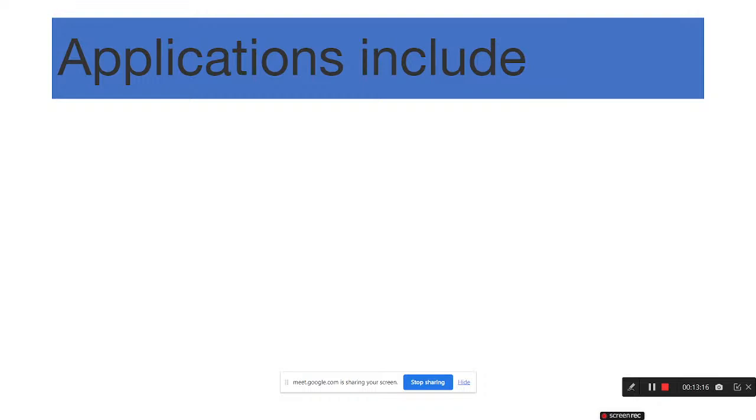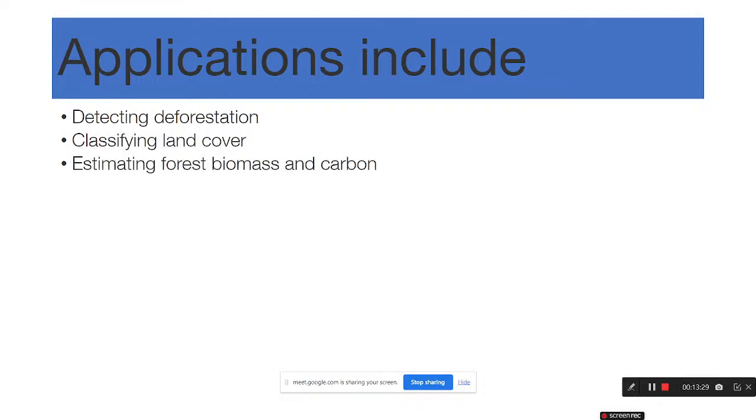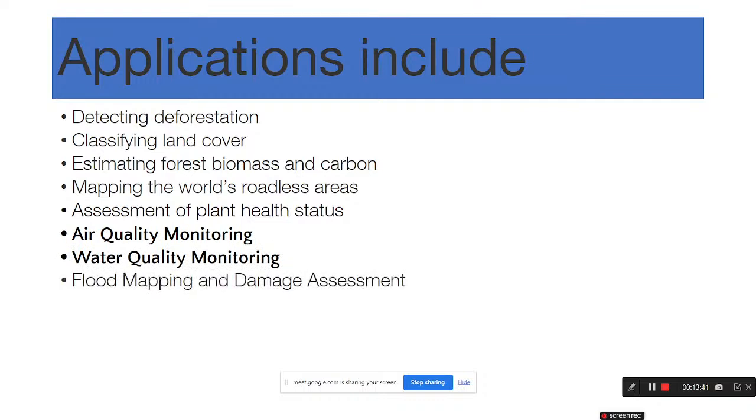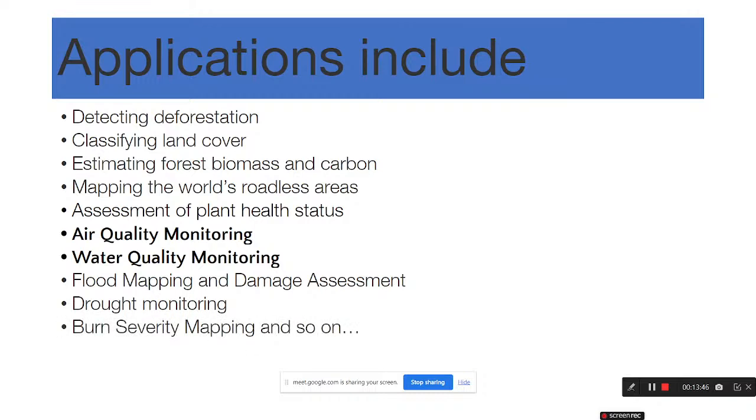Here I mentioned some applications: detecting deforestation, classifying land use and land cover mapping, estimating forest biomass and carbon, mapping the world's roadless areas, assessment of plant health status, air quality monitoring, water quality monitoring, flood mapping and damage assessment, road monitoring, burn severity mapping, and so on. We can handle these applications using this platform very quickly and efficiently compared to other software.